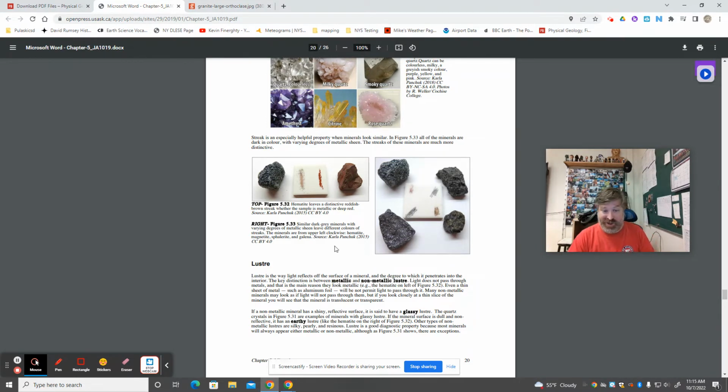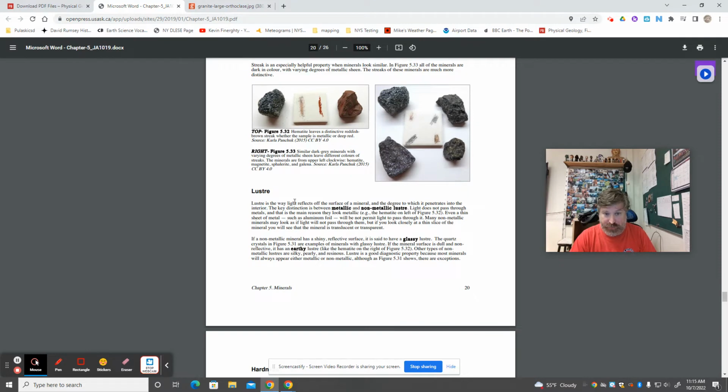Also great is luster. So luster, first sentence here, perfect. The way that a mineral reflects light. It's not color. It's not clarity. It's when light hits it and bounces off of it, what do you see in your eye? So take that quartz that I had. I can see through it a little bit, but that's not what we're talking about here.